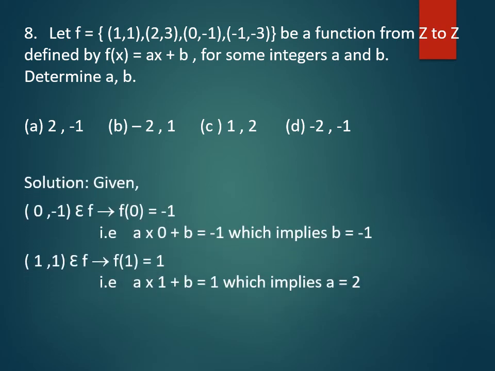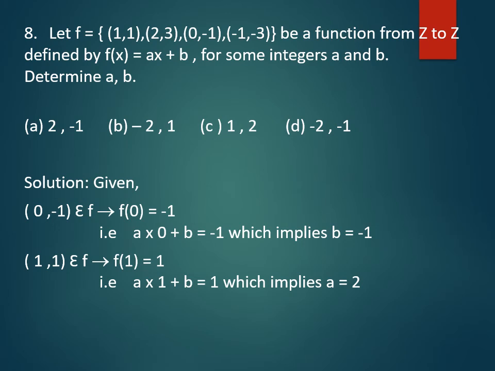So for simplicity, I'll choose the elements as ordered pair (0, minus 1) and another element, ordered pair (1, 1). If ordered pair (0, minus 1) belongs to f, by the definition, f of 0 is equal to minus 1. That means a into 0 plus b is equal to minus 1, because the function is ax plus b, which implies the value of b is minus 1.